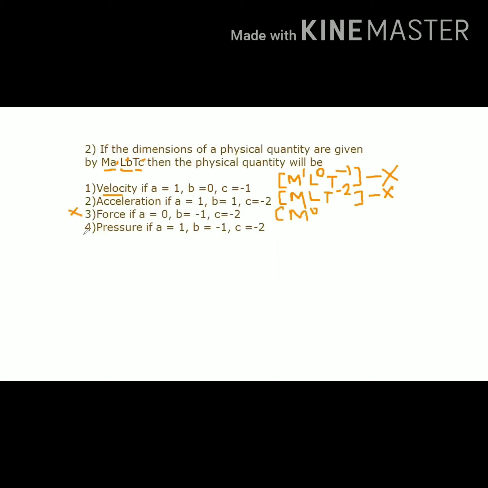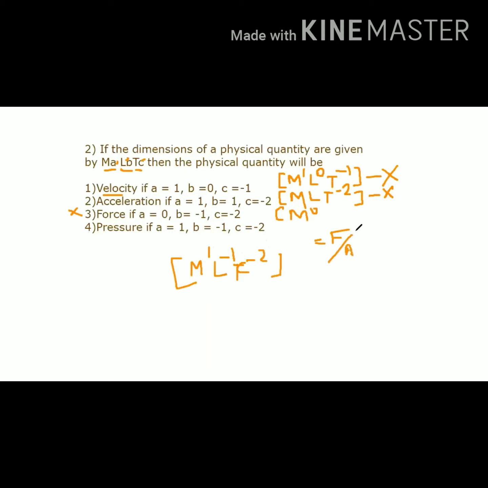Next is pressure. This option has to be correct because it is the last one, but still, let us try it out. M to the power 1, L to the power minus 1, and T to the power minus 2. Yes, this is exactly the correct dimension of pressure, because pressure is nothing but F by A, force per unit area.